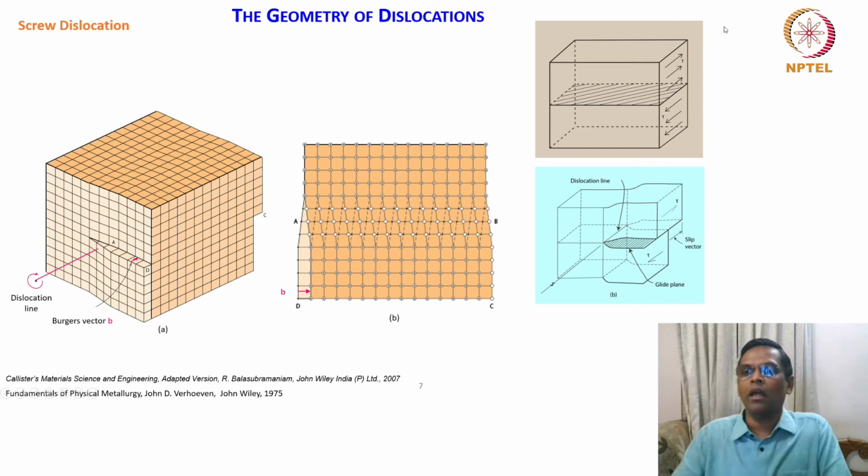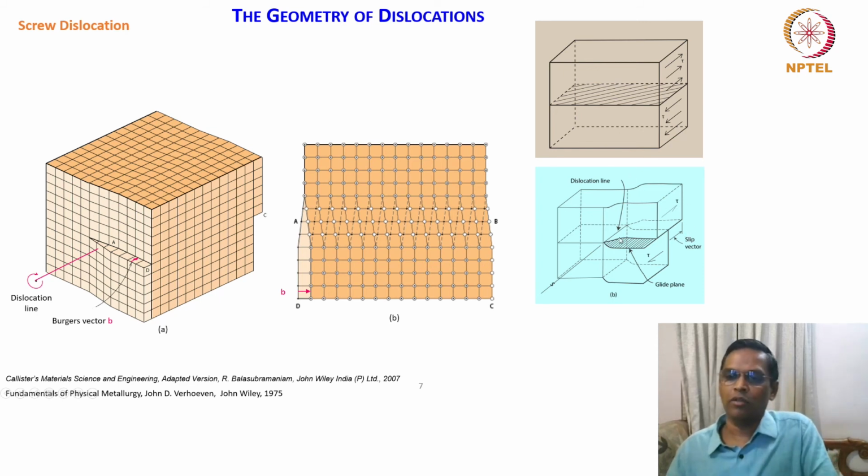This is an unslipped crystal unit, and this is a slipped crystal unit exhibiting a dislocation line. Here you see shear stress applied at the top and bottom, and as a result the crystal has slipped. The slip vector is here, which is equivalent to the Burgers vector B, and this is a glide plane.